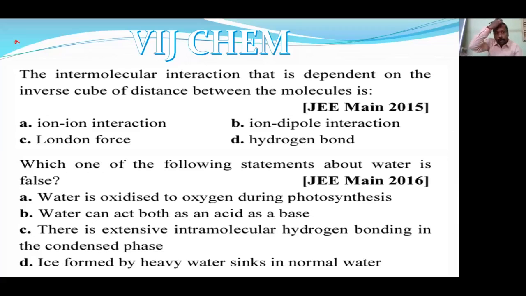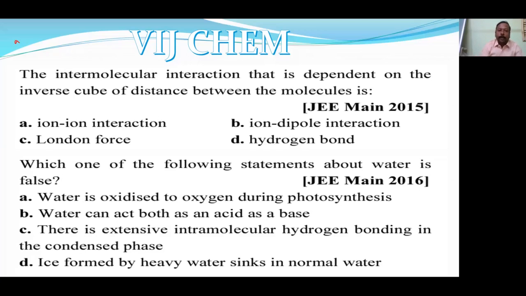Next question is the intermolecular interaction that is dependent on the inverse cube of the distance. This is the very beginning and people are not studying. The powers of 6, 3 and minus 6 are given. It is very simple, but because of neglecting it, it was not attempted by most of the students in 2015.